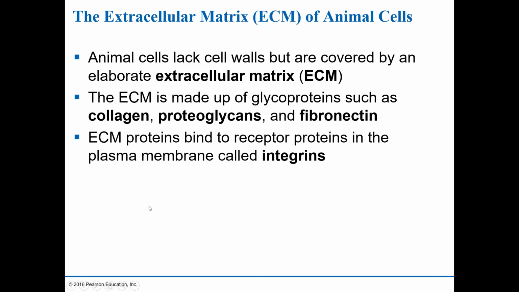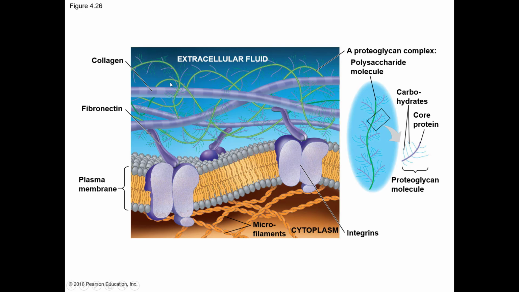Animal cells lack cell walls but are covered by this extracellular matrix that's made up of proteins like collagen and fibronectin. They bind to receptor proteins in the plasma membrane called integrins.